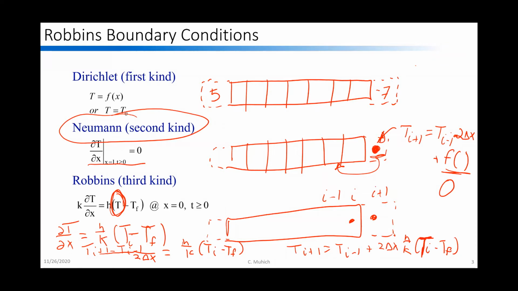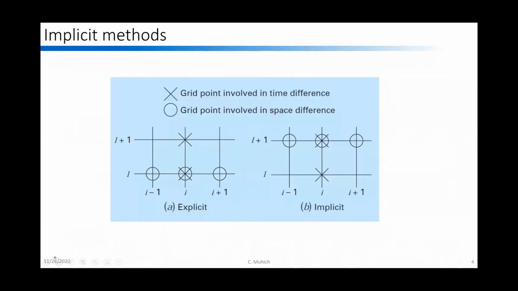So now let's move on to different methods for solving these types of problems. We're going to go back to the types of problems where we had one boundary condition, so maybe partial squared T over partial x squared plus partial T partial time equals some function.